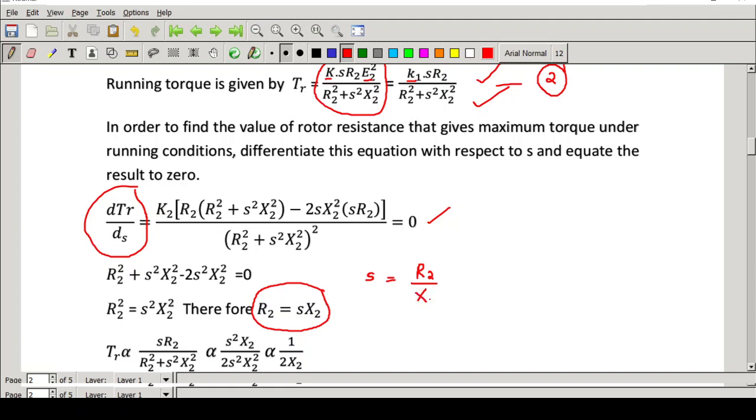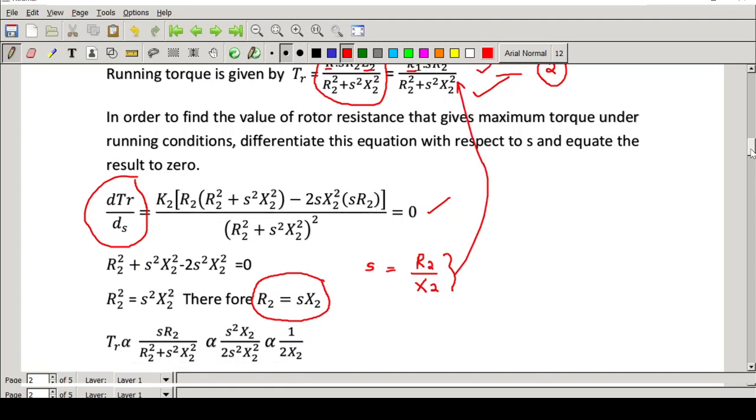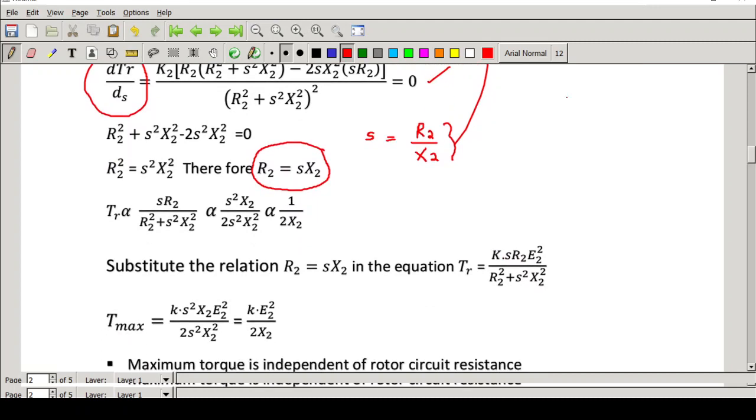So the next step is that we apply this condition in this equation and see what the relation will be. So we get TR is proportional to SR2 by R2 squared plus S squared x2 squared. Here we are assuming that E2 is a constant, so that is why you cannot see the term E2 here.